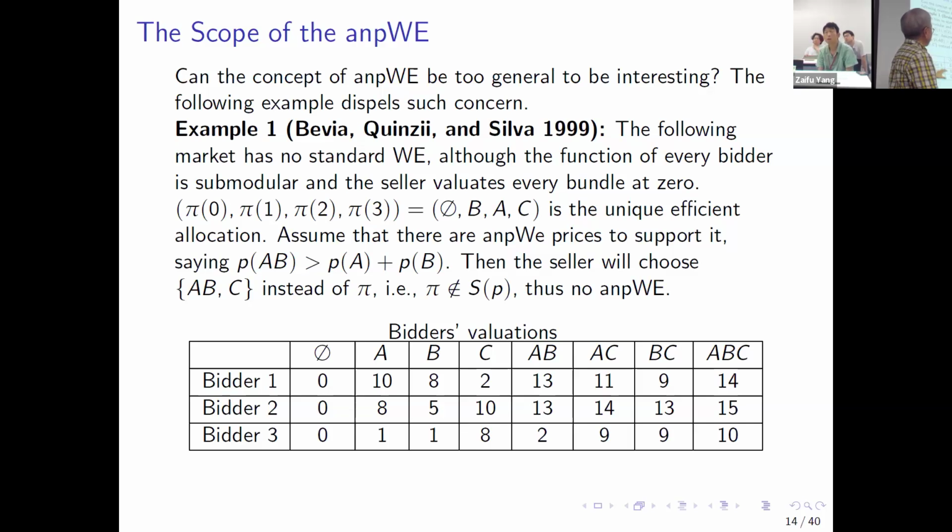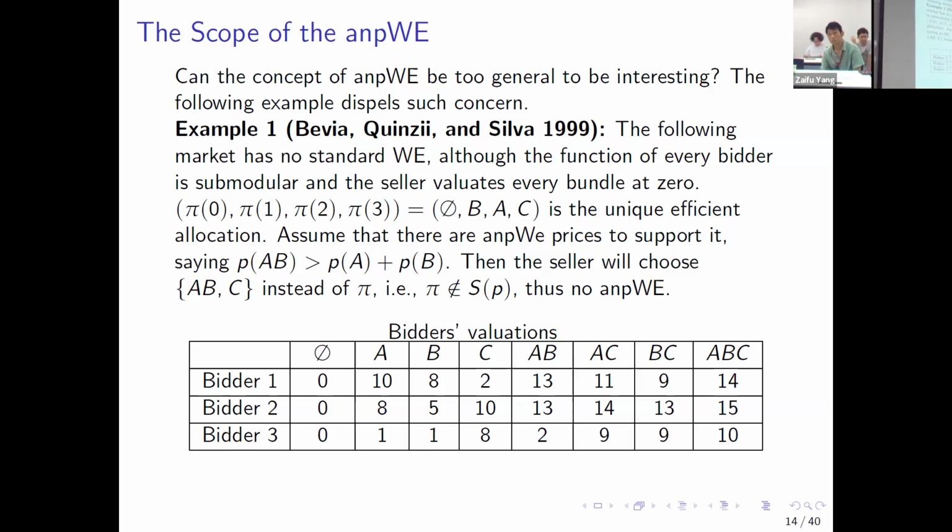And actually, there's only one unique efficient allocation. B is assigned to beta 1, A is given to beta 2, and C is given to beta 3.